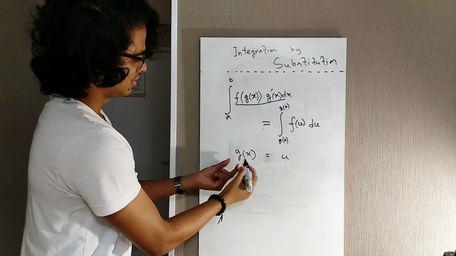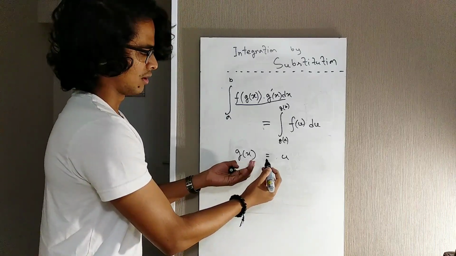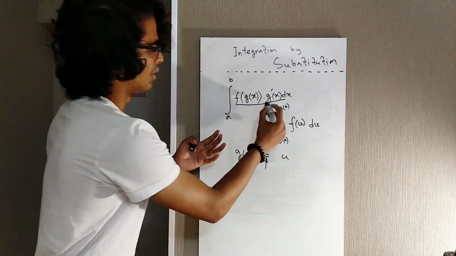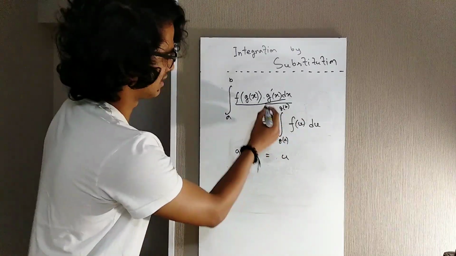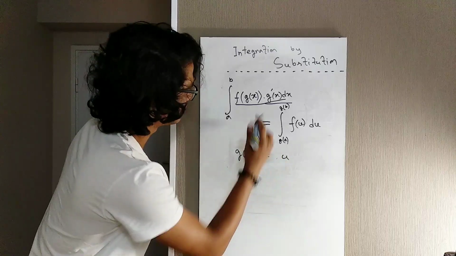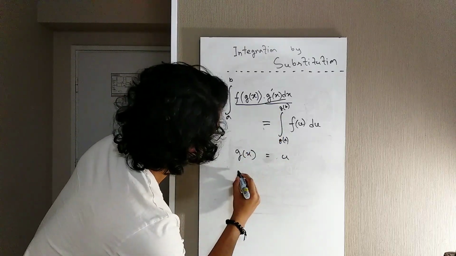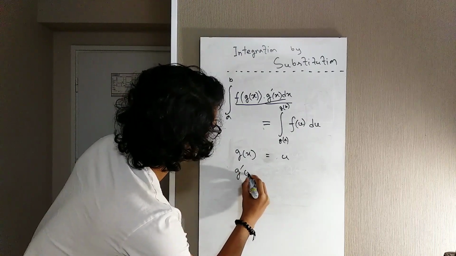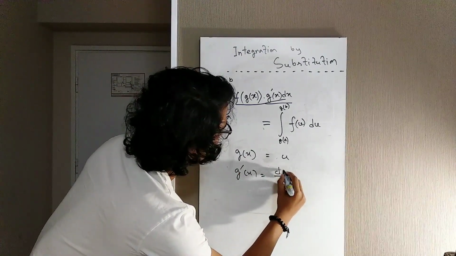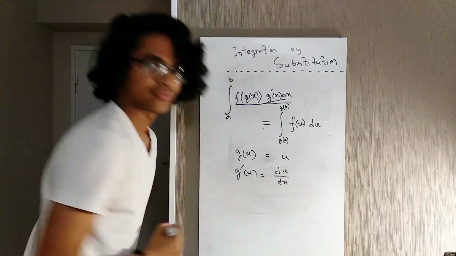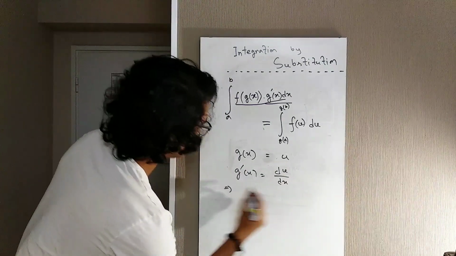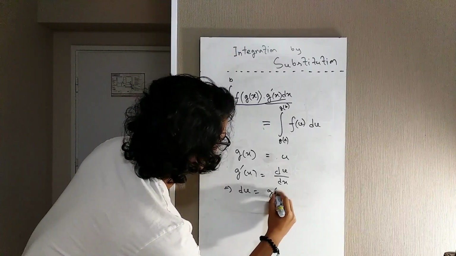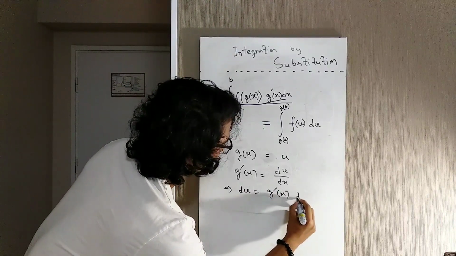If we substitute g x with u, then what will be the situation of this other part? If we take the derivative of both sides, we'll have g prime x on this side and d/dx of u on the other side, and we can write it as du equals g prime x multiplied by dx.